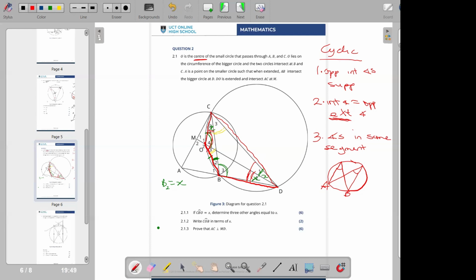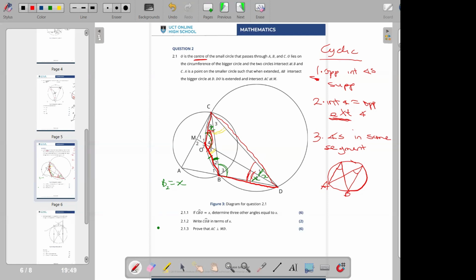Are you seeing that? Yes, I am. So we agreed that those two are supplementary, which is this theorem here. It's clear, right? Yes.